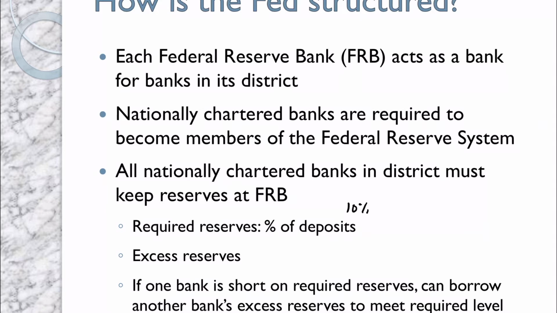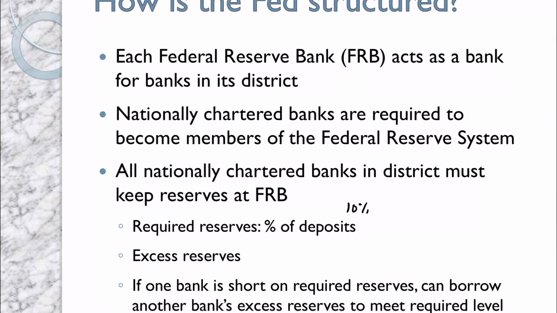Now, if one bank happens to be short on its required reserves, it can borrow another bank's excess reserves to meet that required reserve percentage. This typically occurs over the federal funds market. So if it's between 2 financial institutions, you would use what is called the federal funds rate. Again, something we're going to discuss in more detail. That's why it's called the federal funds market.